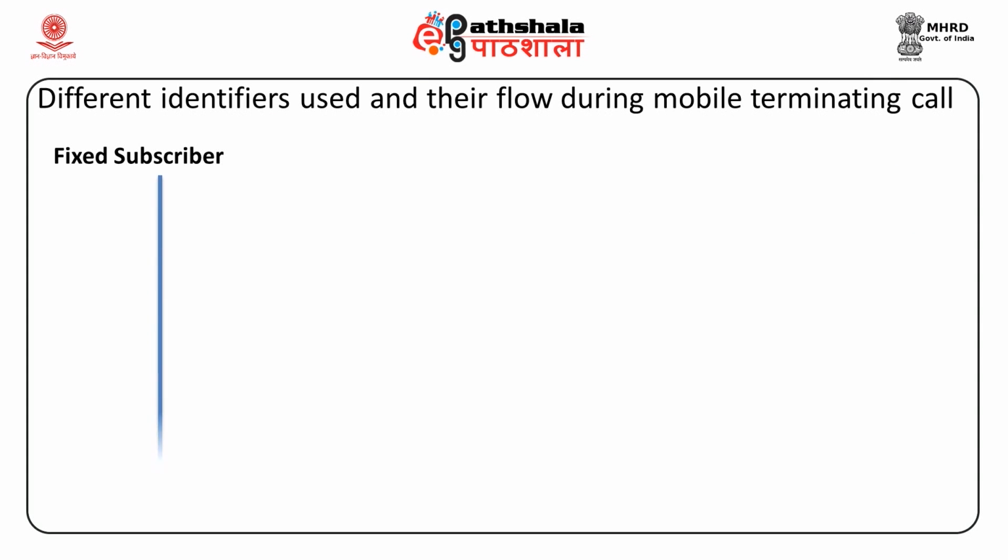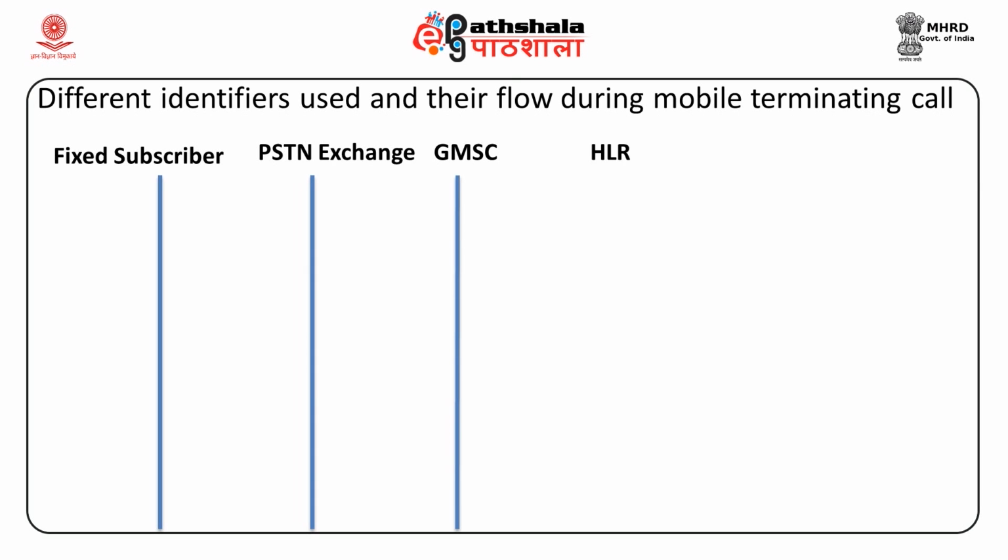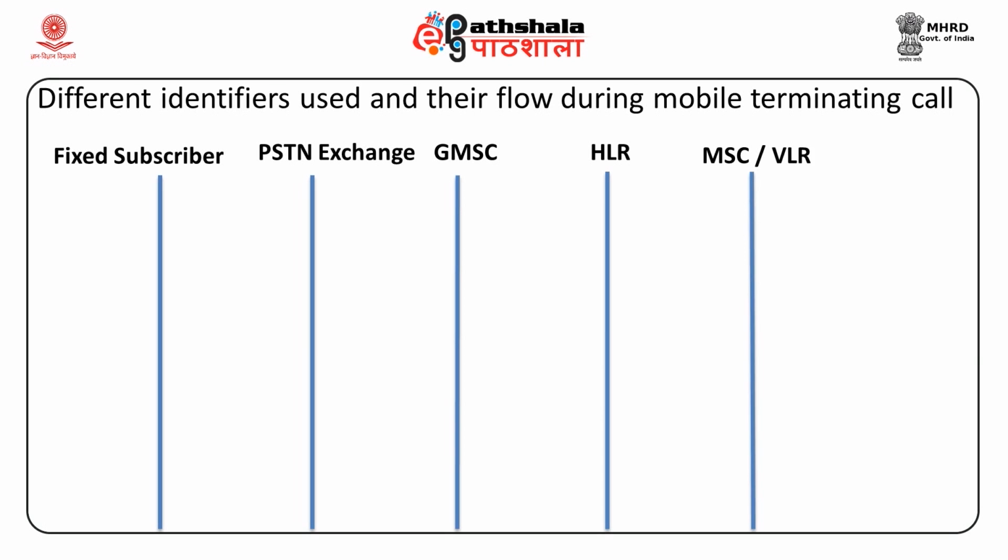There is a fixed subscriber, then you have the PSTN exchange, the GMSC, the HLR, and the MSC VLR in which the mobile station currently is, and this is of course the mobile station. So, what we have seen till now: from the fixed subscriber, the MS ISDN number is dialed, it goes to the PSTN exchange.